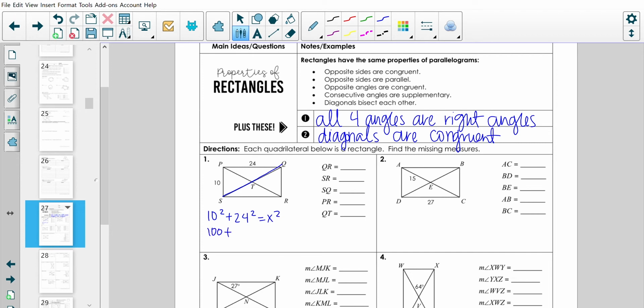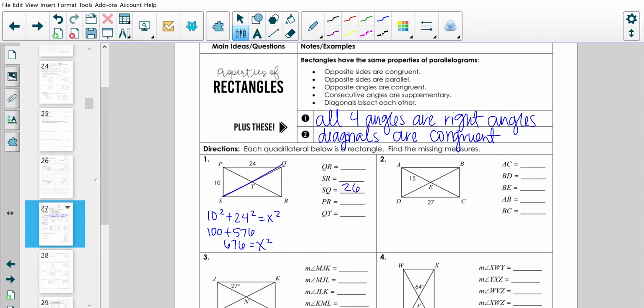What's 24 squared? 576. And that gives 676, and the square root of 676 is 26. So we know that SQ is 26.